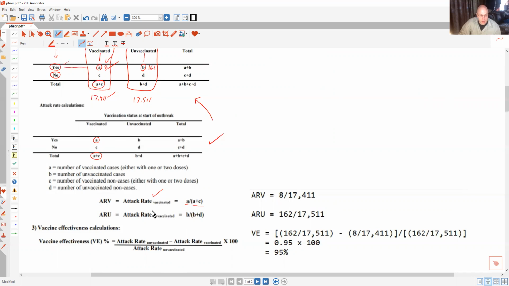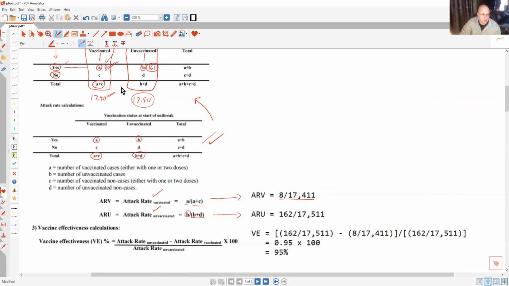The attack rate for the unvaccinated is computed as B over B plus D. And that's exactly what we had up here when we wanted to take this number and divide it by this number. So there are attack rates for both groups. When computed on our data, here they are. 8 over 17,411.